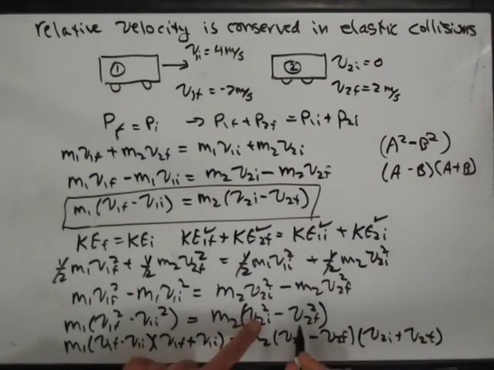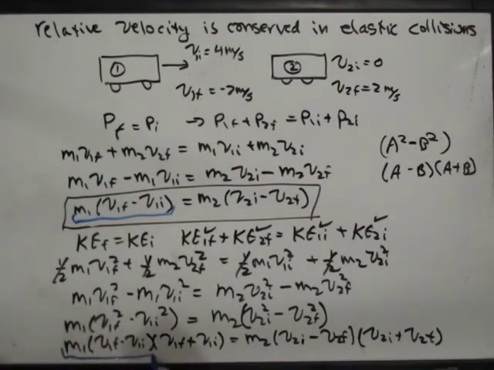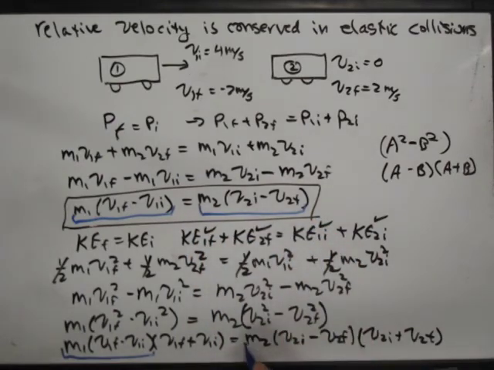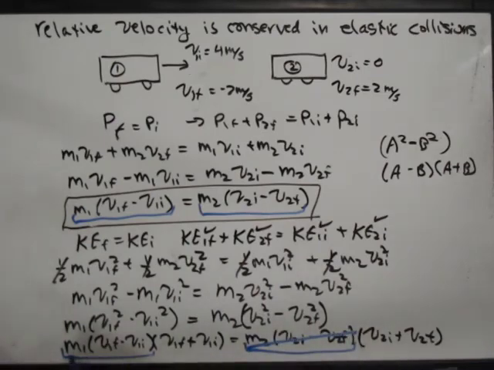So I've taken each of these things and just broken up that way and written them this way. And if you'll notice, this piece here is this piece here, and this piece here is this piece here. And since they're equal, I can cancel them. Bam and bam.